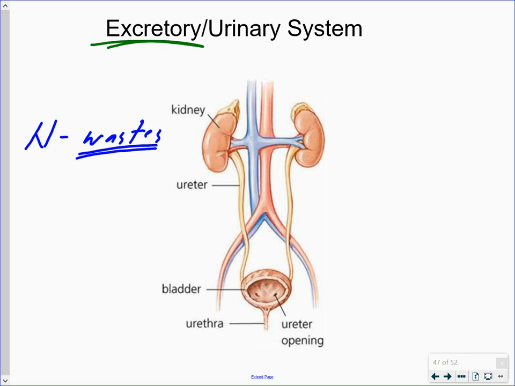This nitrogen is initially typically formed in this form here, ammonia gas, very toxic. So in our bodies, it's converted into a different nitrogenous waste, and that nitrogenous waste is urea. And it is then urea, as we will see, that is going to be excreted through our excretory or urinary system.